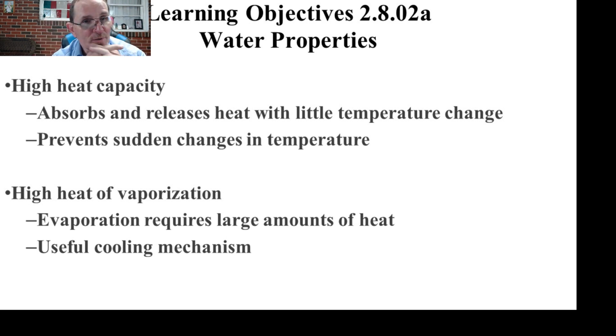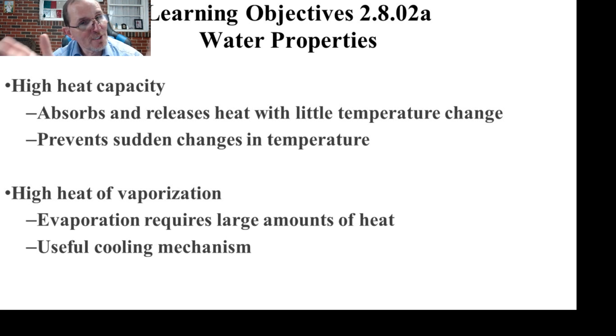Let me say this the other way. You put an ice cube in your soft drink, and until that ice cube is completely melted, the temperature of your drink will stay at 32 degrees F or 0 C. That's the high heat capacity. Water has the ability to absorb and get rid of heat with very little temperature change.